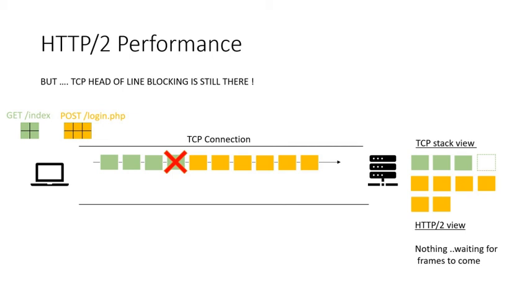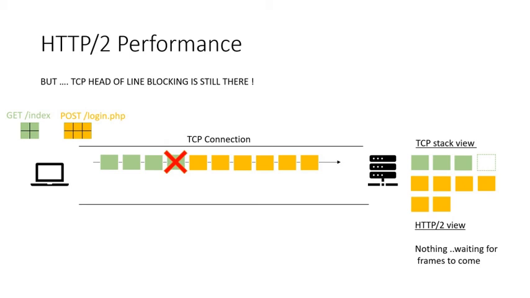Suppose that all packets are correctly received by the server except one that you see in the diagram. At this point, all packets of the POST request are received, and theoretically the layer 7 HTTP2 server can start responding to this request. Unfortunately, TCP doesn't know about our POST or GET request.